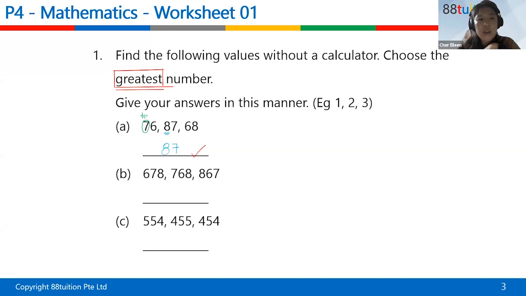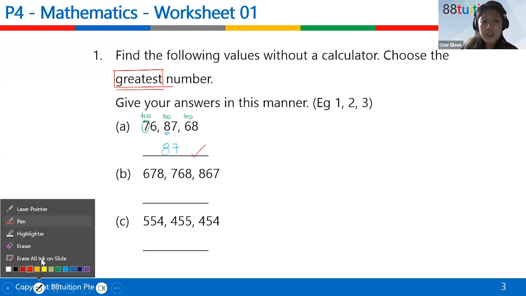So we look at the tens first. This one is quite easy because all different numbers, 7, 8, and 6. So we already know 8 is the biggest. Did anyone of y'all think 6 is the biggest? No, right? Cannot be, right? So we already know 8 is the biggest, so very naturally 87 will be the greatest number. Okay, so we move on to part B.